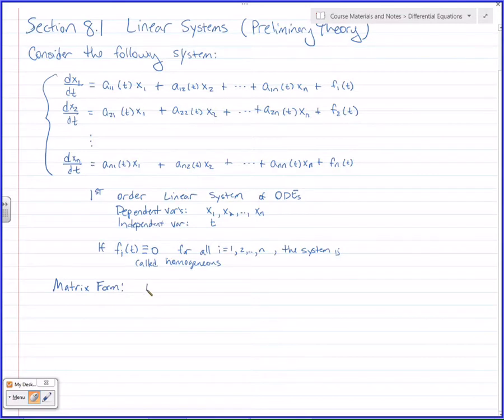What I do is I let capital X be a vector function, x1 of t, x2 of t, all the way down to xn of t. They're the dependent variables. And think of A as a matrix function aij of t that's n by n.